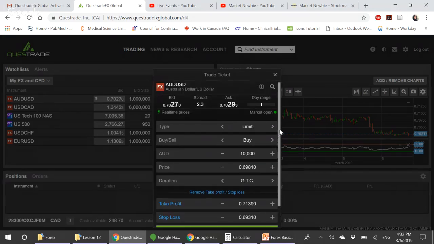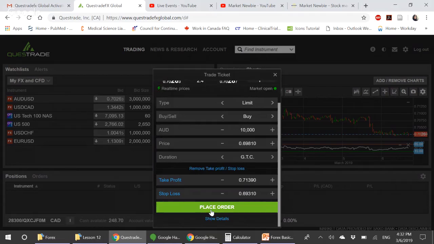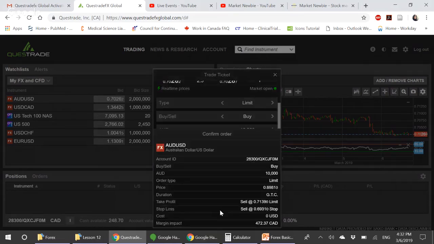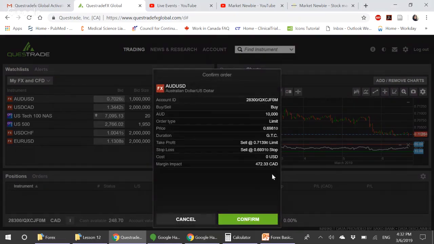But if I click on this place order, then it's going to place my order, right? It's going to give me a summary, and it's going to tell me, hey, margin impact, cost, stop loss, take profit, duration good until canceled, price this much, order type limit, Australian dollars. You have to pay $10,000 Australian dollars.